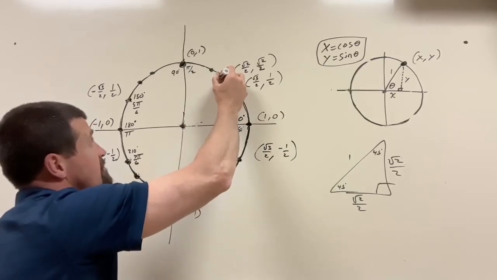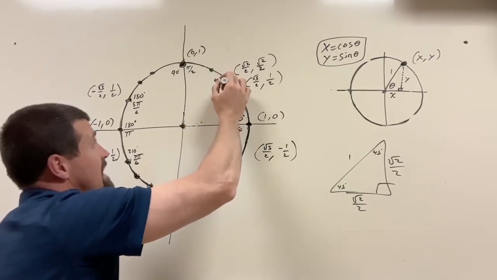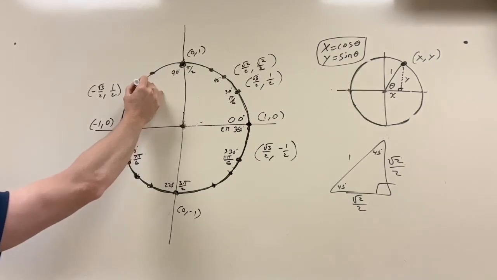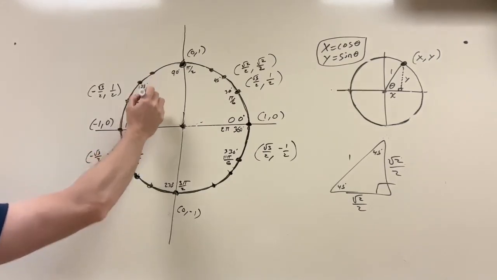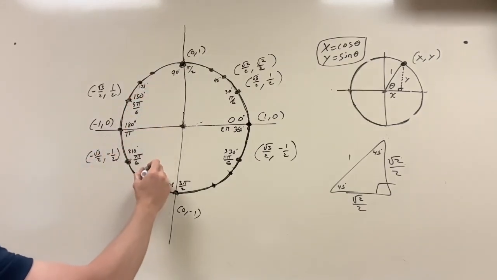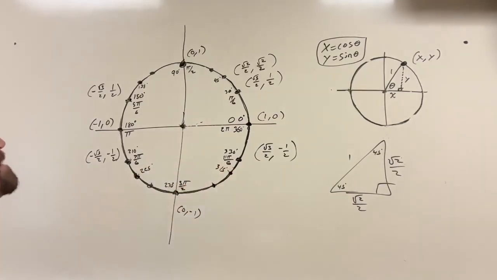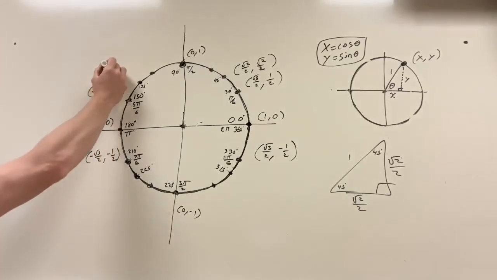So this one that's 45, and this one that's 135, and this one that's 225, and this one that's 315, are all going to have the same coordinates. It's just the sign's going to change based on the quadrant we're in.